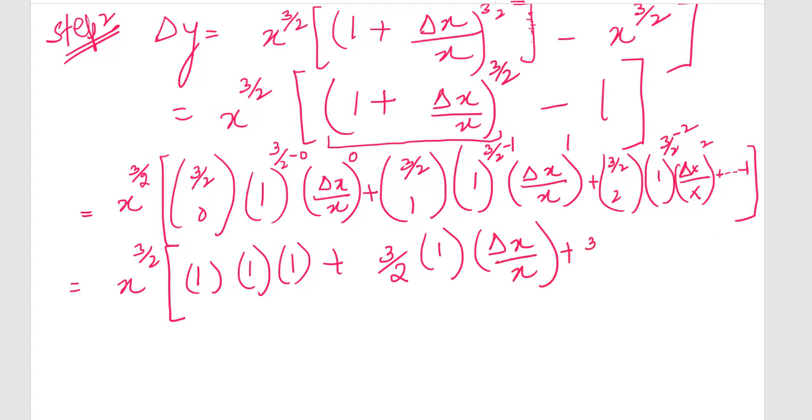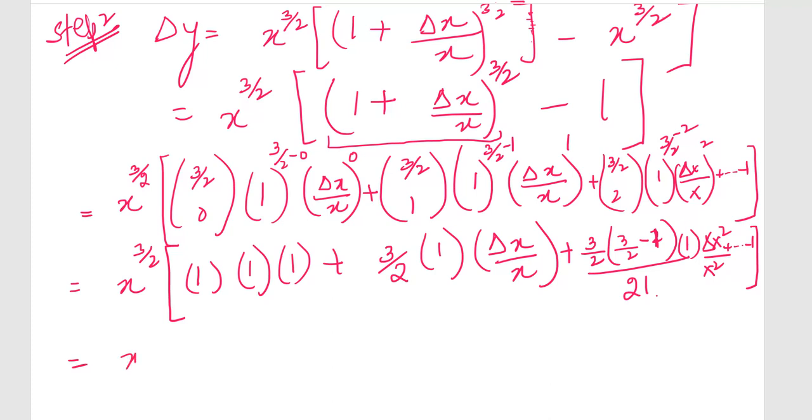It means 3 by 2 into n minus 1, and divided by 2 factorial. This is 1, n minus 1, and then 1. Here it will be Δx square over x square, n minus 1.